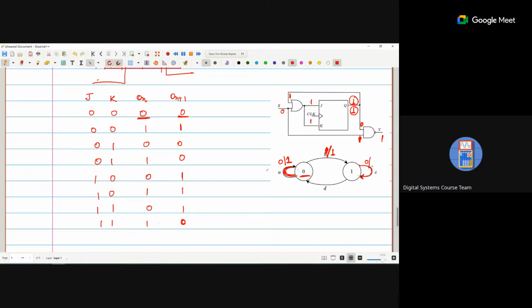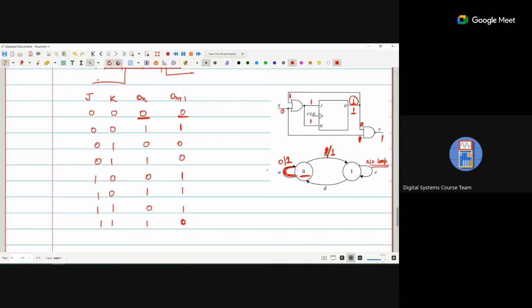If these are 1, we are not getting next state 1; next state will be 0, because in the 1 1 situation, it is a toggle. But we want to maintain a 1 situation, so the 1 situation is not maintained. So there is no loop. So C is not possible.